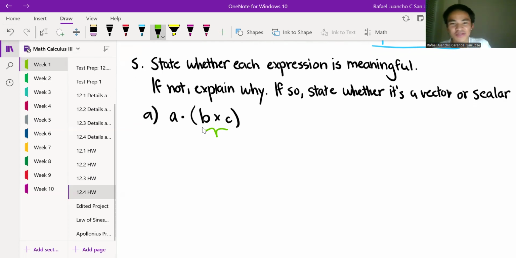What does a cross product give us? It's a vector. We get the dot product of both vectors. It makes sense. So this expression is meaningful.